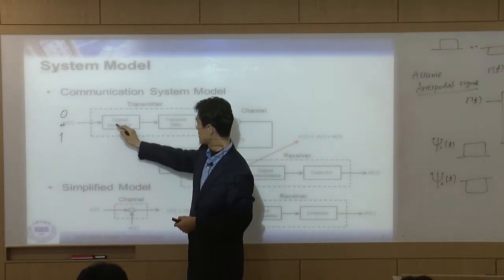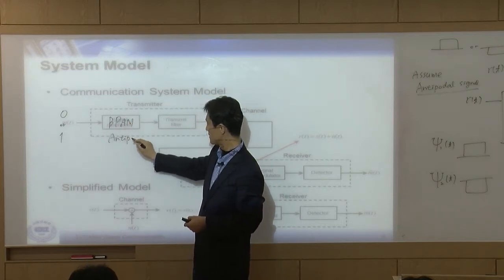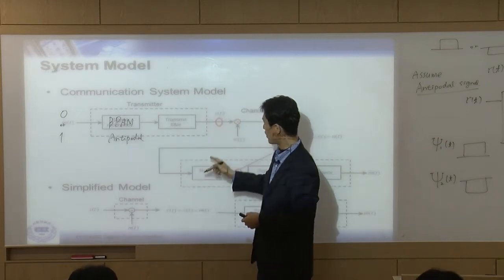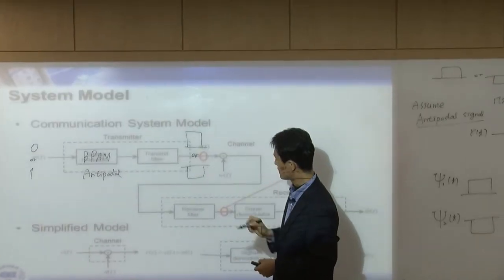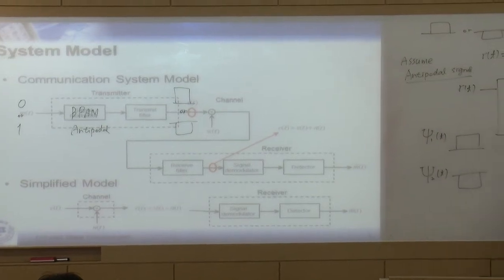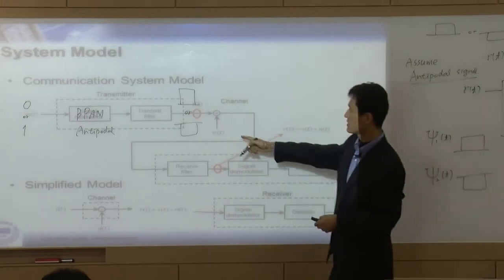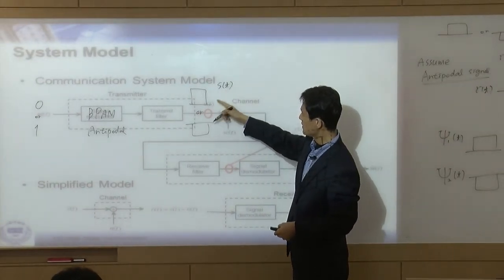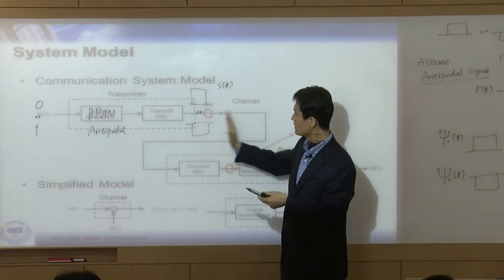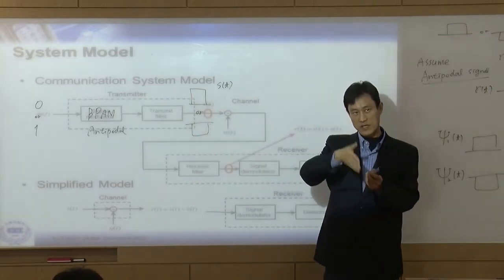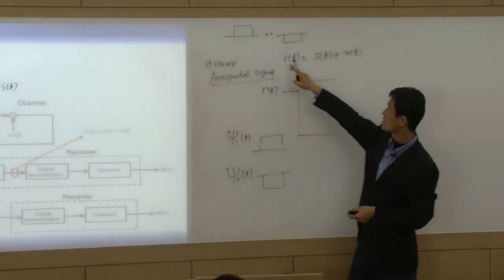So if we use a binary PAM with antipodal signal, what we're going to get here eventually is this one or this one. So that is our modulation, binary PAM modulation. That is going to be s(t). I'm talking about only one symbol. Of course, there are many of these symbols, one after another. But looking at only one symbol, s(t) is going to be this one or this one.